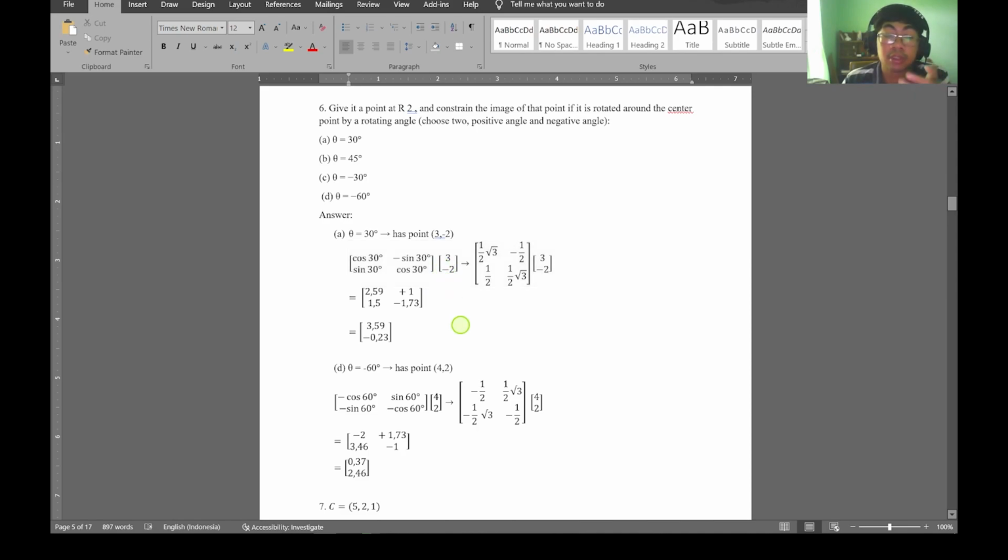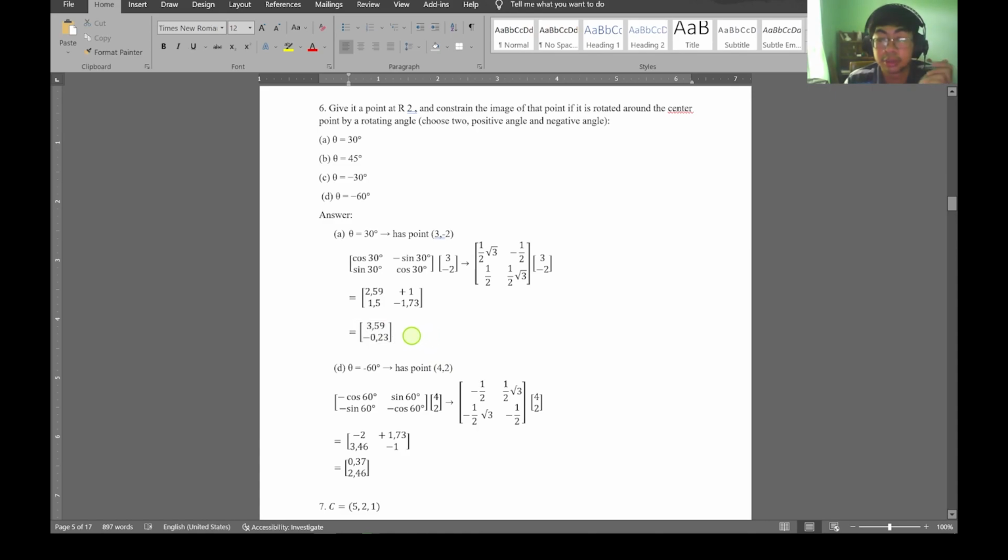And multiplying with the matrix 3, minus 2, this is the value of cos, minus sin, and cos. Now we multiply with the matrix 3 and minus 2, and this is the conclusion.